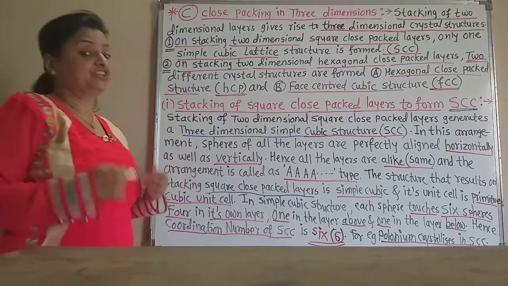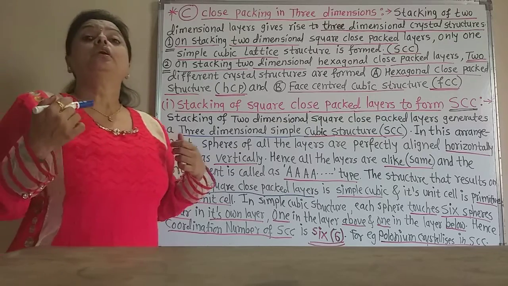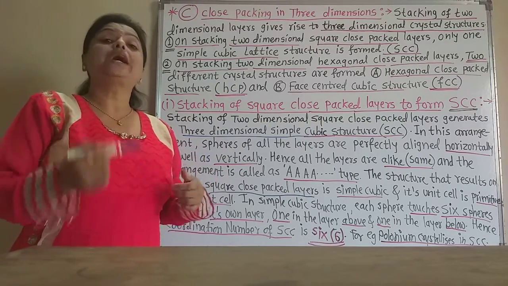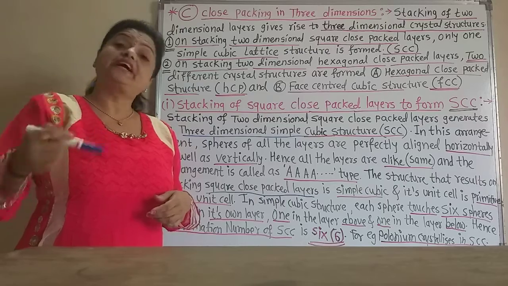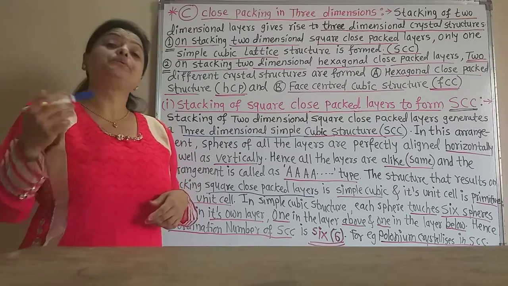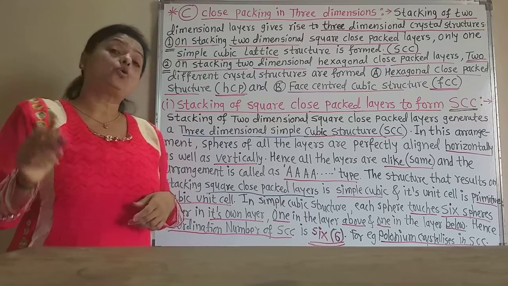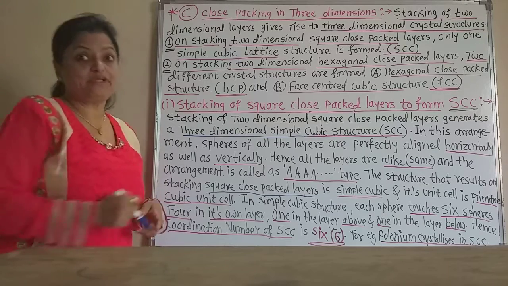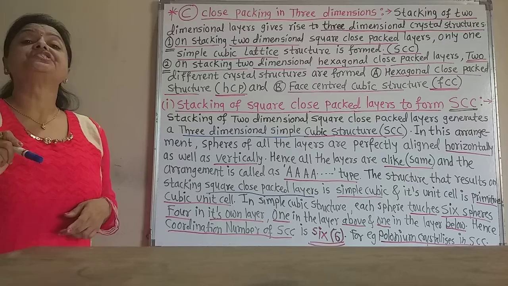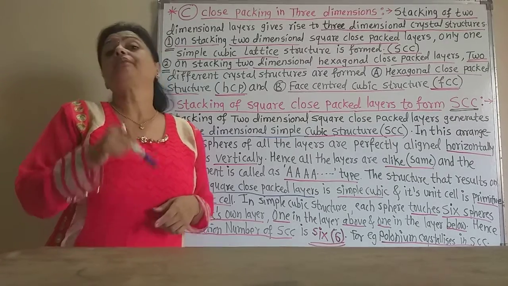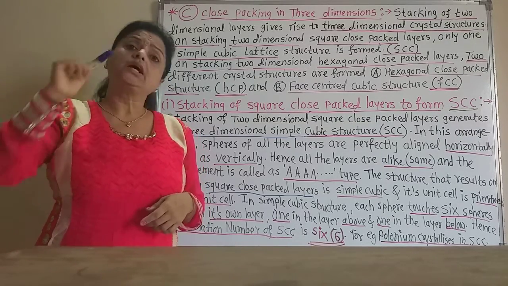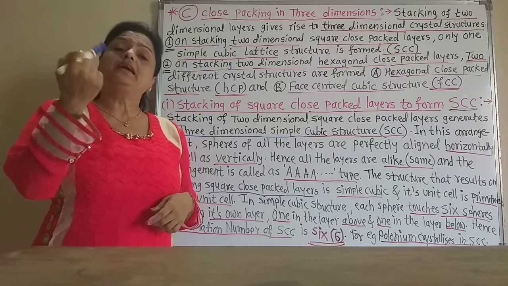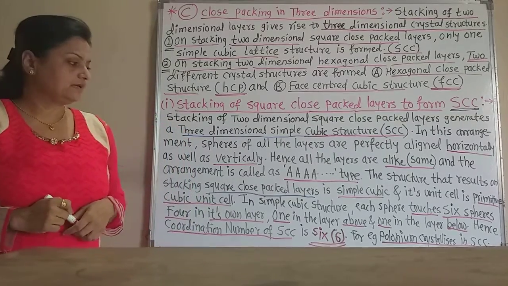Remember that. In 3 dimensions, if we stack the 2-dimensional square close packed structure, there is the formation of simple cubic crystal, and the coordination number is 6, because the given sphere touches 6 neighboring spheres, 4 in its own layer, 1 in the above layer and another in the below layer.